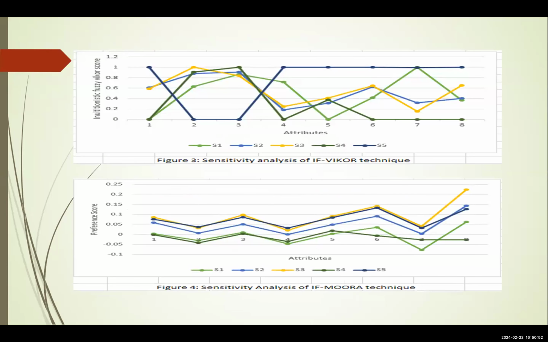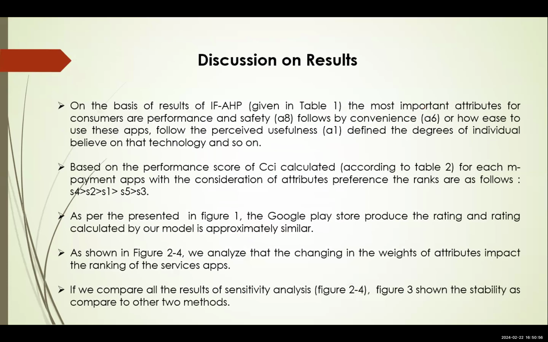And this is the score of the IF VIKOR technique, and this is the score of the IF MOORA technique. On the basis of our IF TOPSIS result, the most important attributes for the customer are performance and safety, followed by convenience, which means how easily to use the apps, followed by perceived usefulness, which defines the degree of an individual's belief in that technology, and so on.